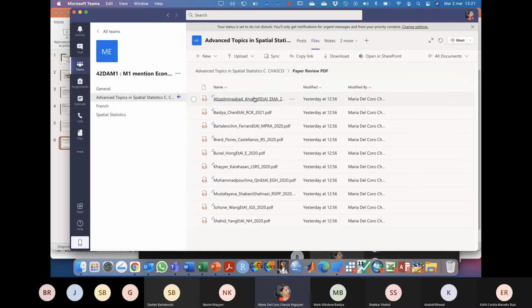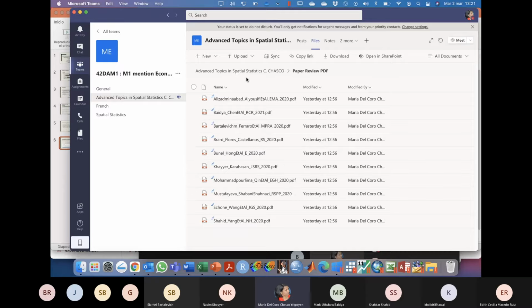This is a paper, and your name before means that this is the paper that is assigned to you. So each one of you will have assigned one of these papers to revise. After this session, by the end, I will explain to you how to proceed, how to revise these papers. But you will find one paper for each of you.